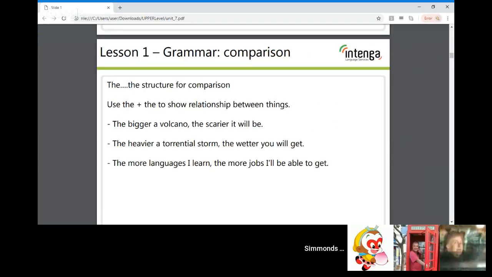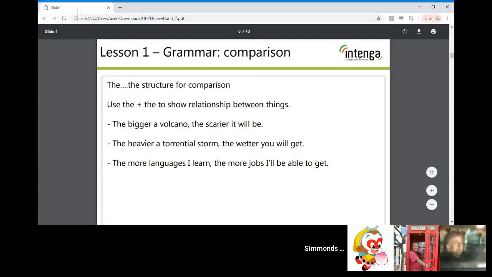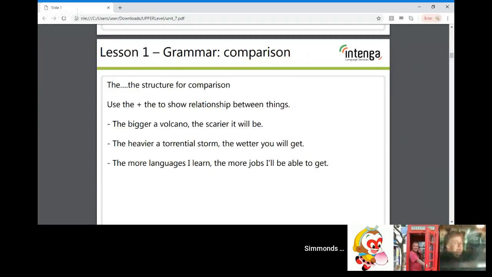Yeah. All right. So very good. Thank you. Good reading. Lots of difficult words in here. So again, the structure: the bigger a volcano, the scarier it will be. Okay. So we're not really comparing two things.